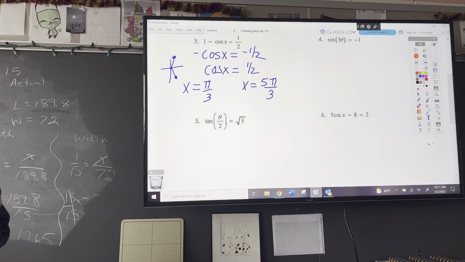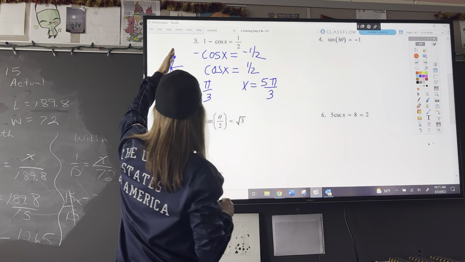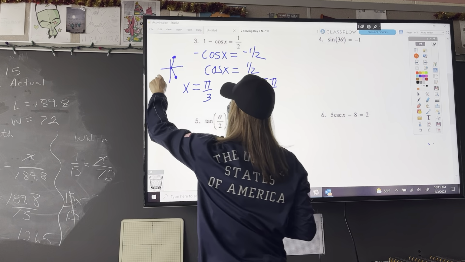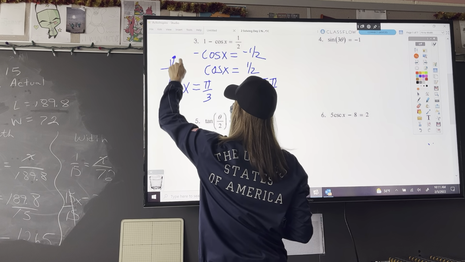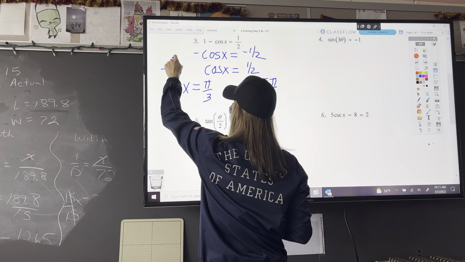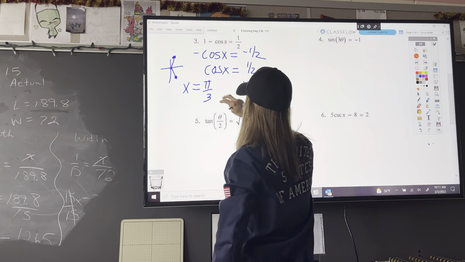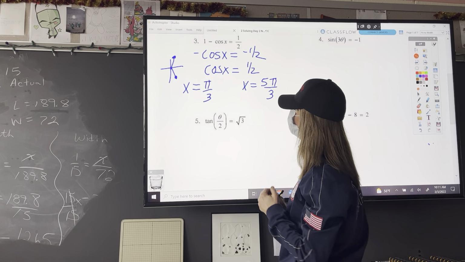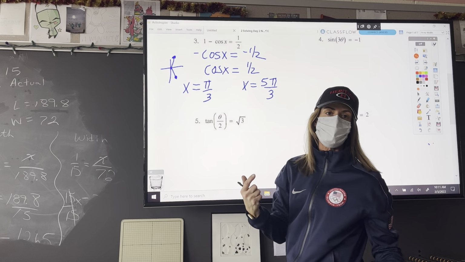Now we're asked to find the general solution for each of these. And we have an infinite number of solutions at this location. Because if I add 2 pi, 1, 2, 3, 4, an infinite number of times, I'm going to get another solution. So the way we represent that is we say the first one, which is pi over 3, and then plus 2 pi an infinite number of times.